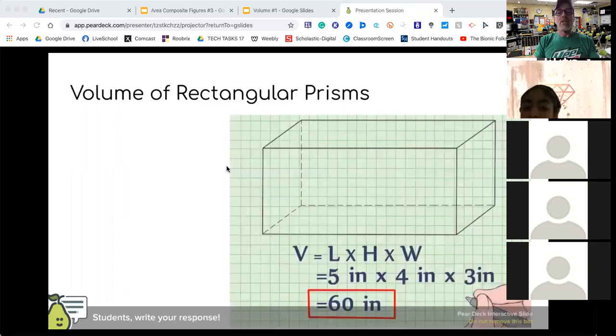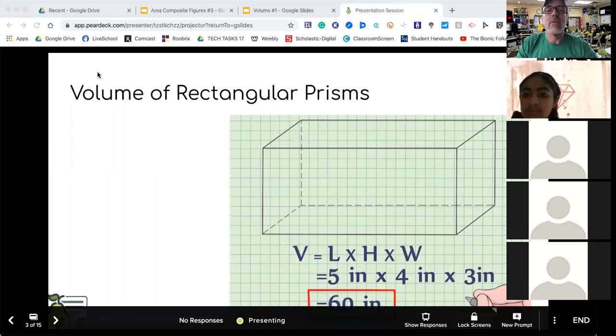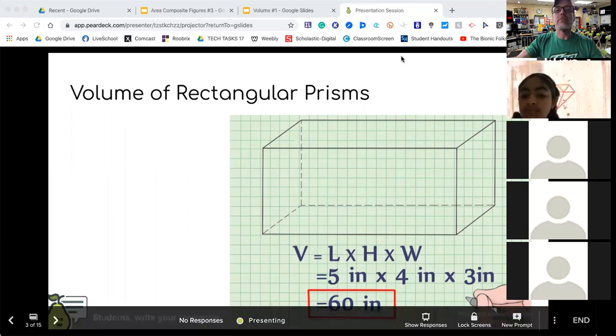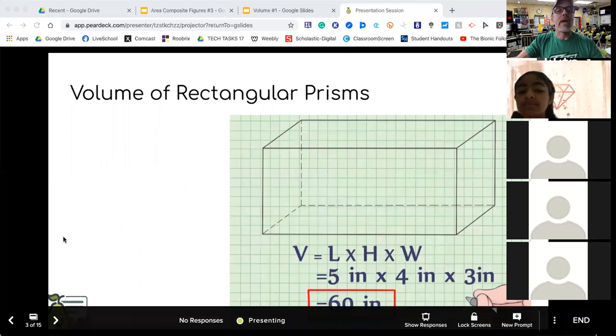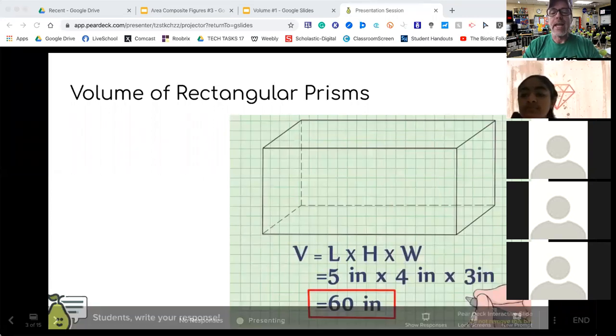All right. So now we're going to talk about rectangular prisms. On your screen you have a rectangular prism. It shows you the answer.